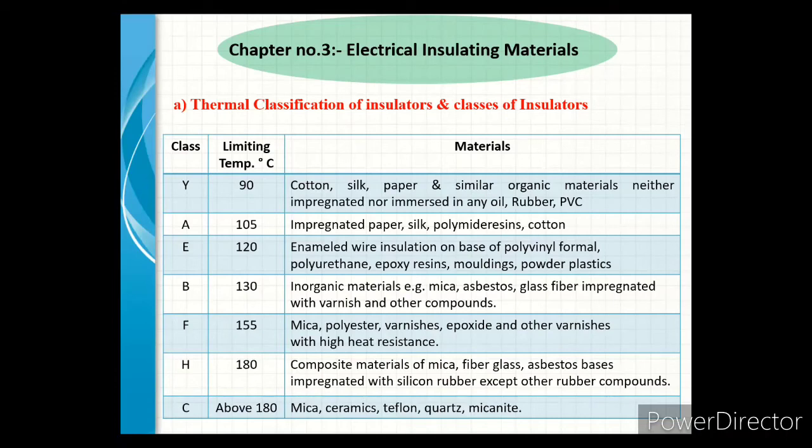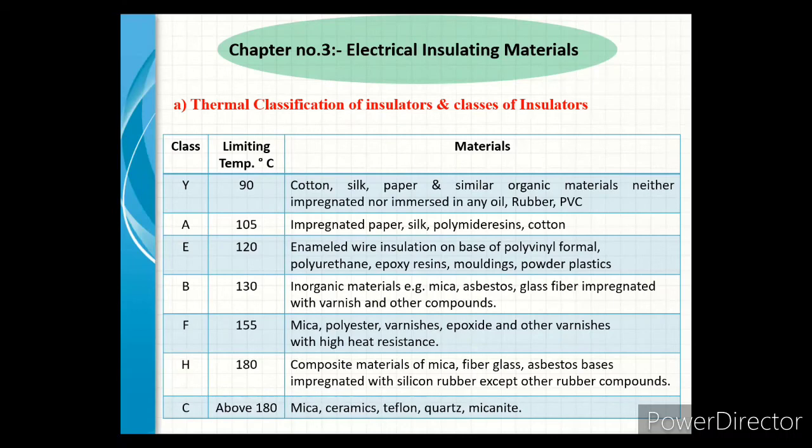Our next, fourth class is class B and its limiting temperature range is 130 degrees Celsius. The material included in this class is inorganic material, for example, mica, asbestos, glass fiber, impregnated with varnishes and other compound.